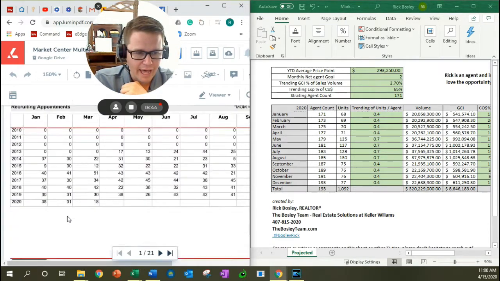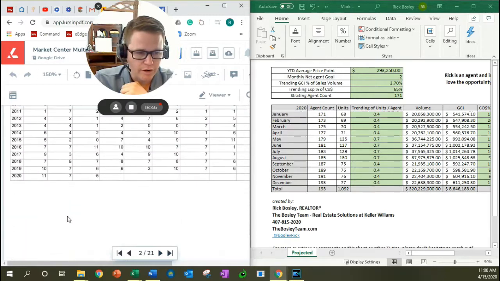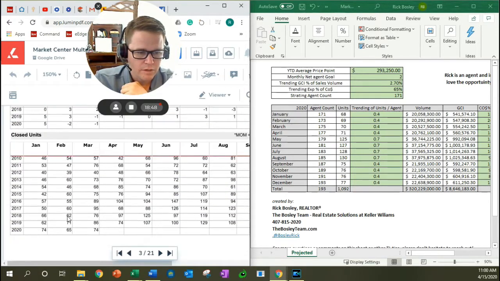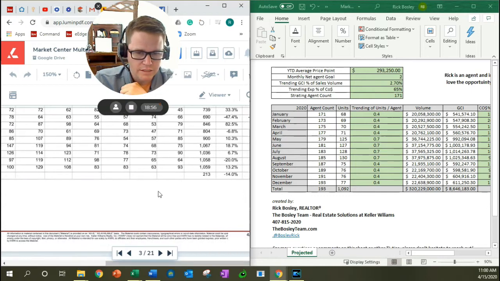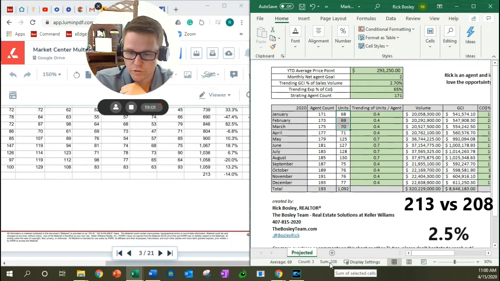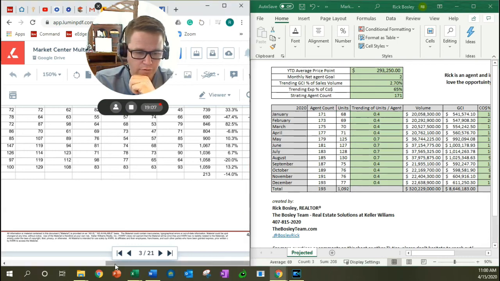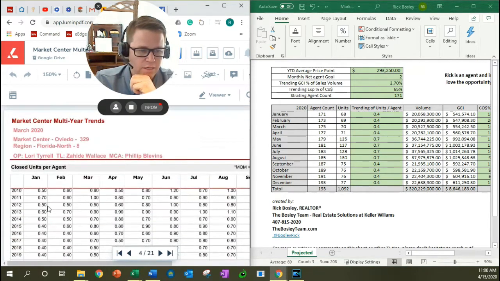So if we look at the total units from that, closed units, 74, 65, 74, it's a total of 213. For us, it's a total of 208. So we're down by 5, pretty accurate still. When we look at volume, let's keep going over here to see what the volume is.